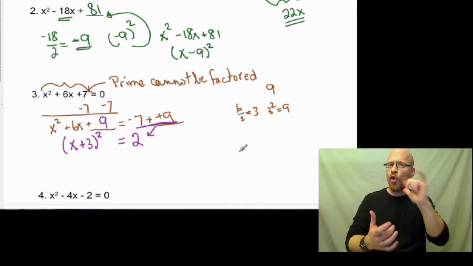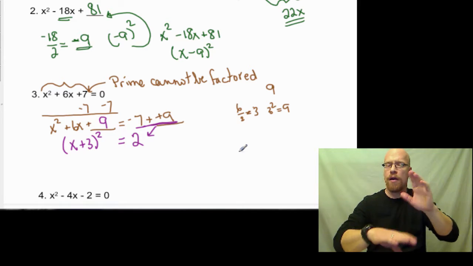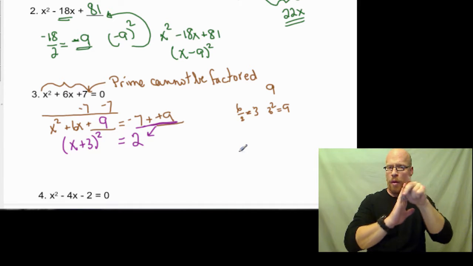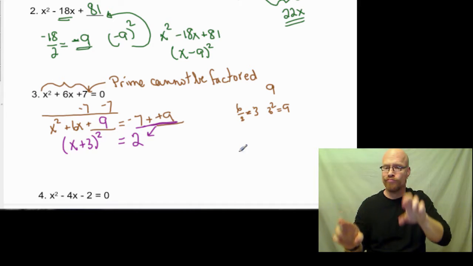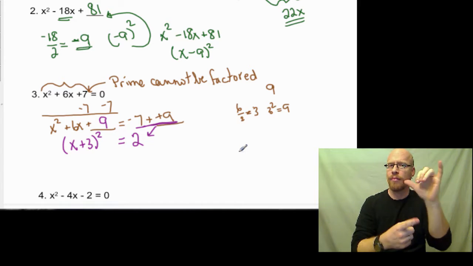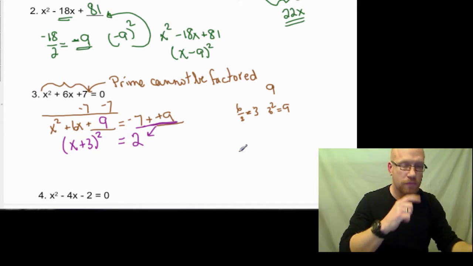Now, this should look like something we've seen before. We're going to square root both sides of this equation and factor this and see what happens, or solve it.